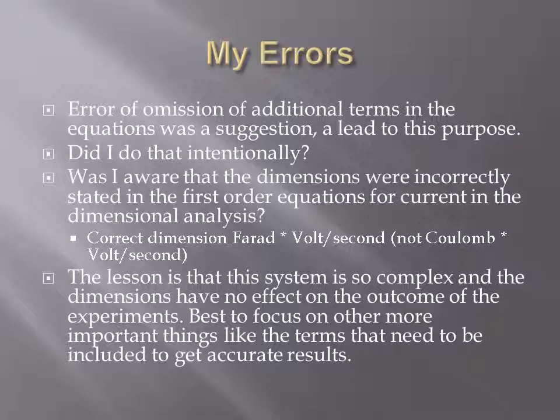Otherwise, we would be best served to focus on the more important things, like the number of terms that need to be included in the theory and the equations in order to get accurate results. That is what we want to focus on. Why should we want to focus on that? Because in the end, we have a reason that will be served by reducing the complexity.